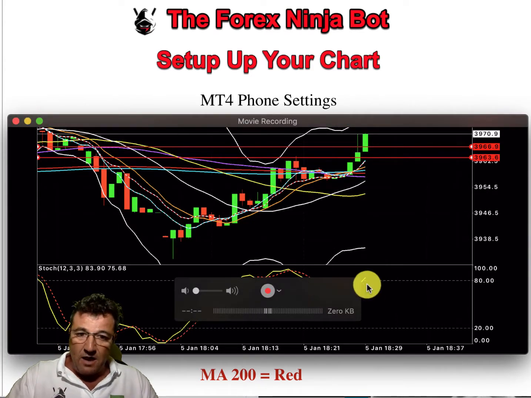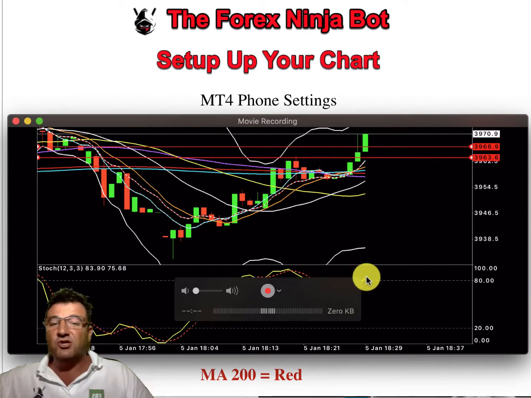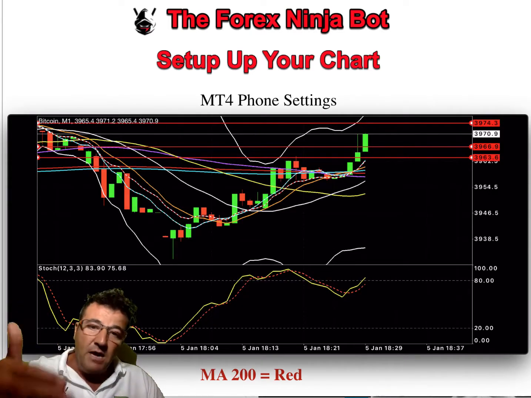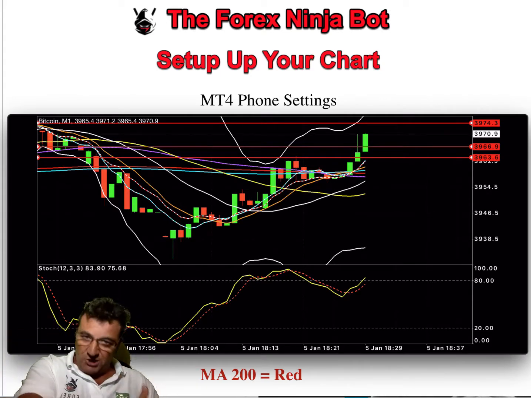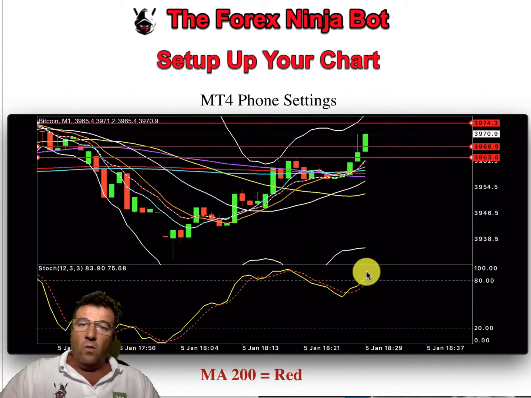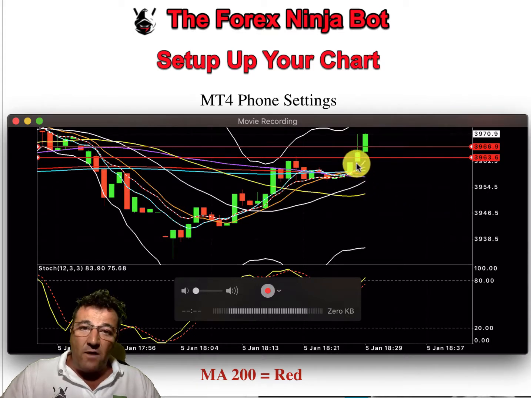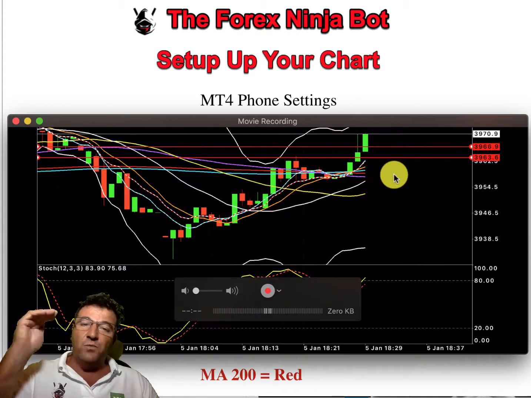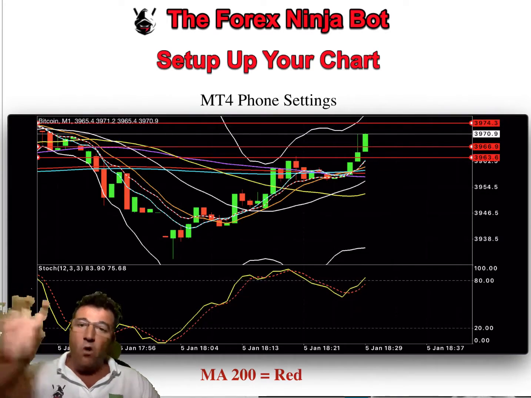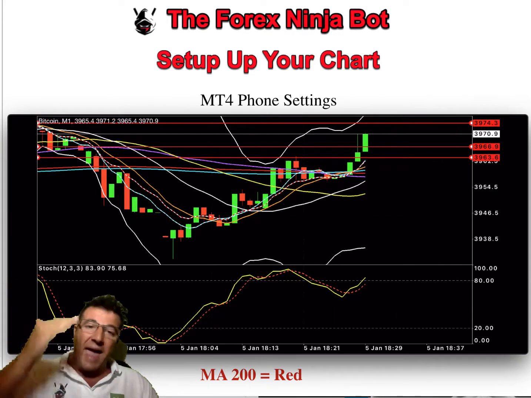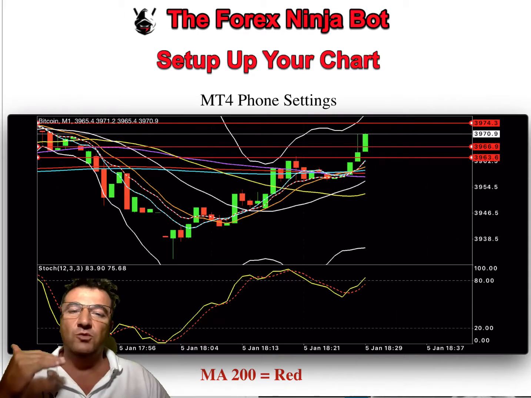In the stochastic, we're almost in an overbought position, which is telling the other traders that it's now time to get into a short position. The further we are away from the 8 exponential moving average, the more chance the price has of retracing back to it.